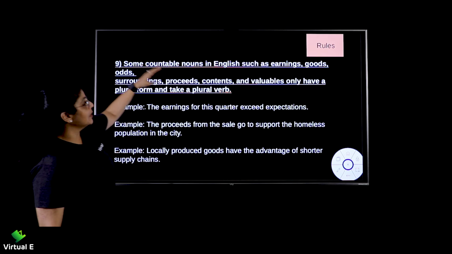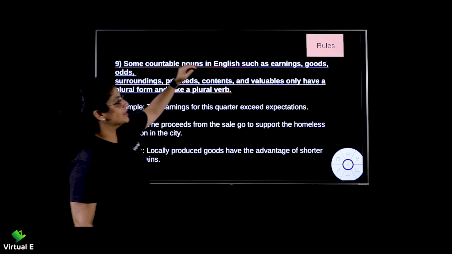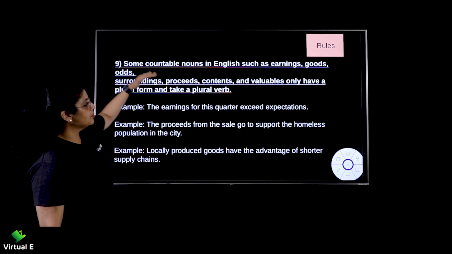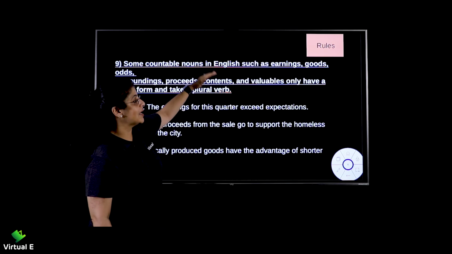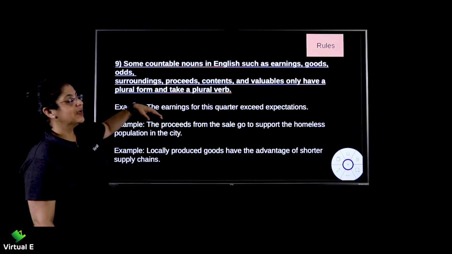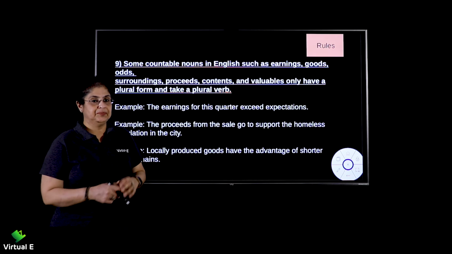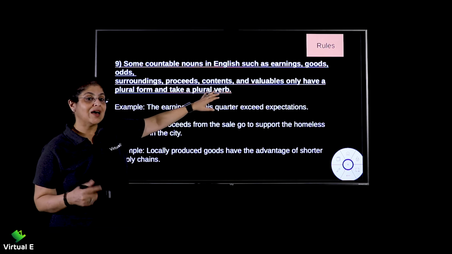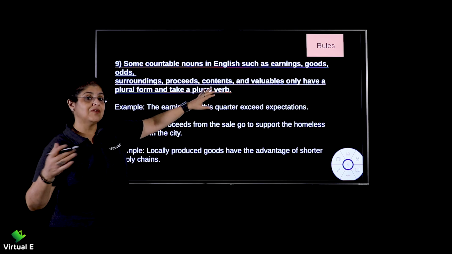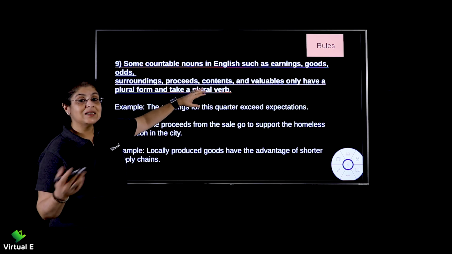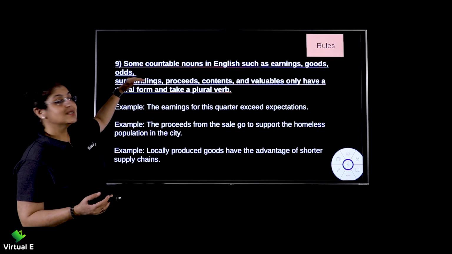Some countable nouns in English, such as earnings, goods, odds, surroundings, proceeds, contents and valuables, only have a plural form and they take a plural verb. Now, all these words that we just saw, we don't say valuable, then it becomes an adjective, a valuable ring, all right? So we say valuables, contents, proceeds, surroundings.